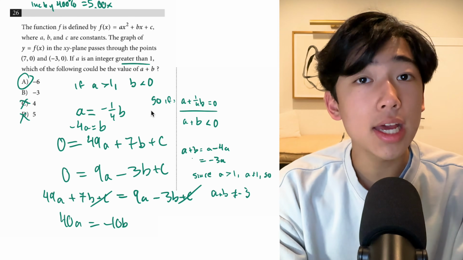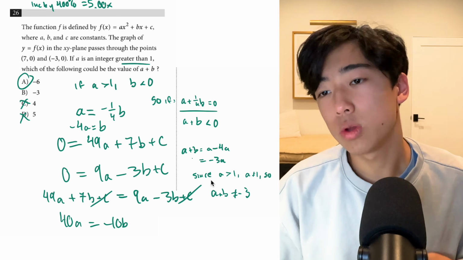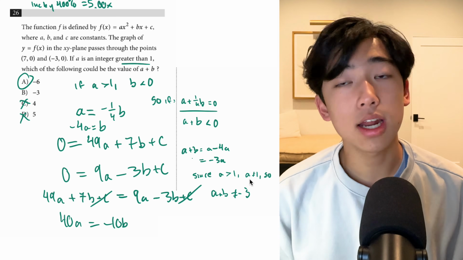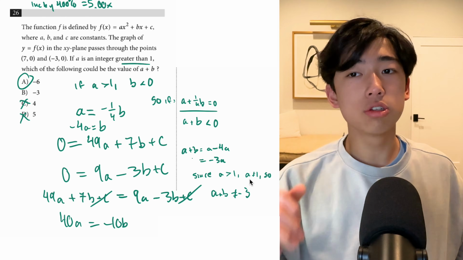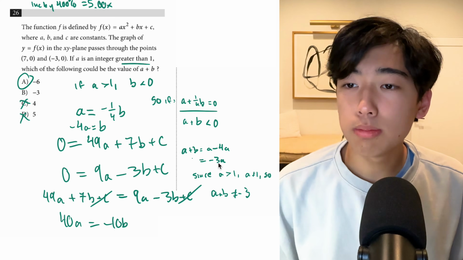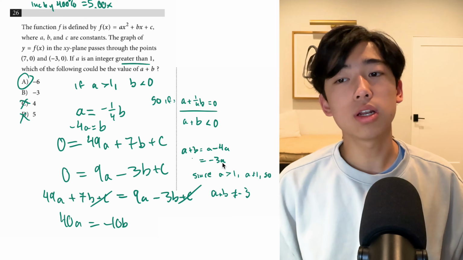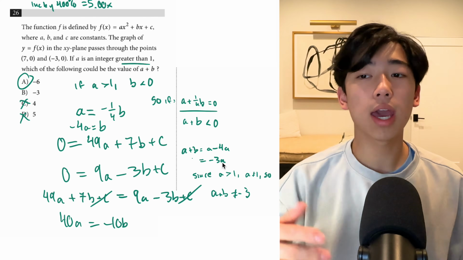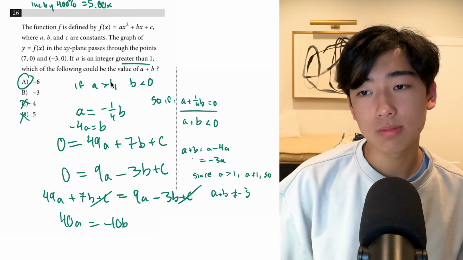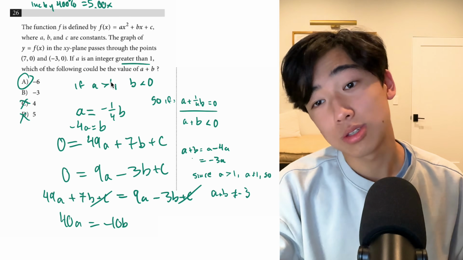Since we know a has to be greater than 1, a cannot be 1. If we have the lowest value of a, maybe like 2, then that'd be minus 6. Because if it was 1, it would be minus 3, but we can't actually pick 1. So a plus b has to be less than minus 3.